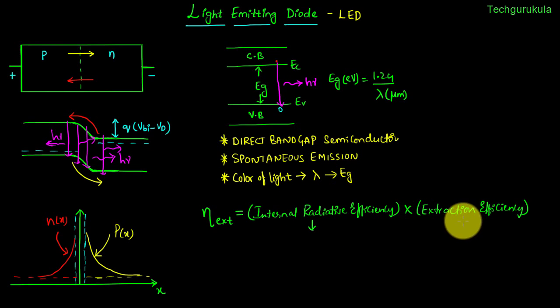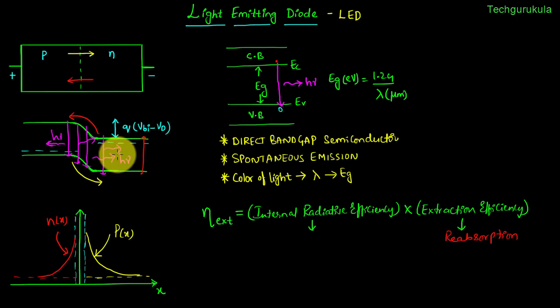And second, extraction efficiency depends on multiple factors. The light that is generated has an energy of h nu. In fact, that energy is exactly equal to what an electron needs here to go to the conduction band, which means this light energy can be absorbed inside the p-n junction itself. This is called reabsorption, and it is a loss that is captured by the extraction efficiency.